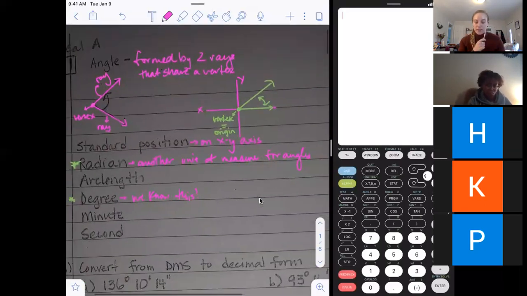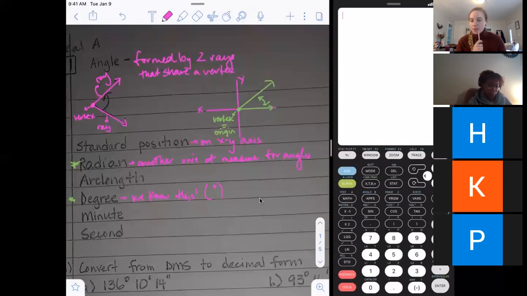Degrees have a little circle above them, like when we think about temperature. Radians don't really have a mark. They are usually in terms of pi. There's a lot of pi's in them, and often we leave them in fraction form, and you'll understand in the next few days or weeks why we leave them in fraction form.